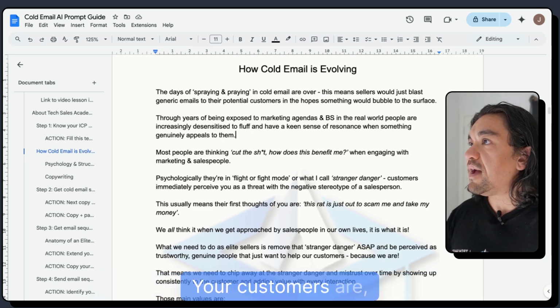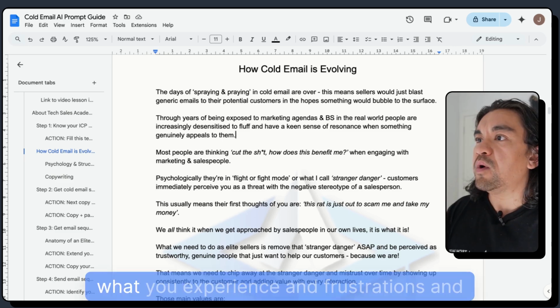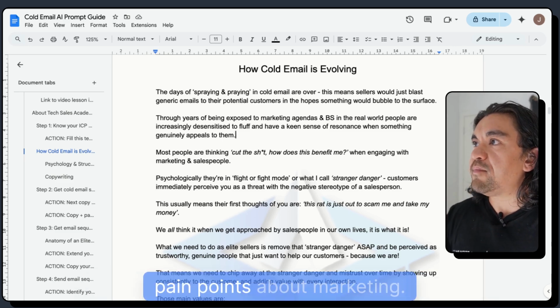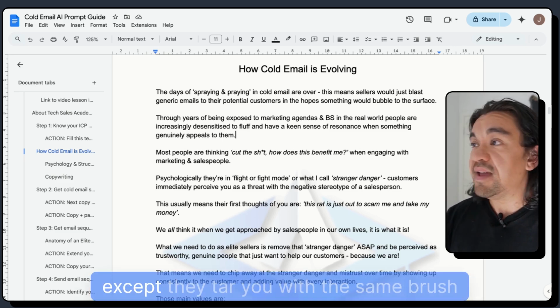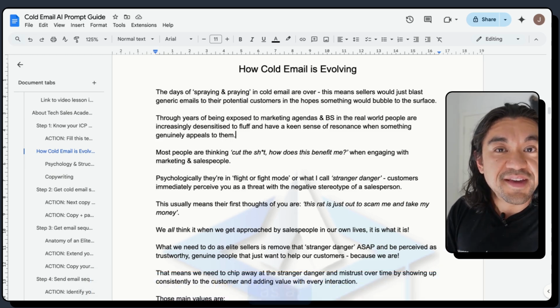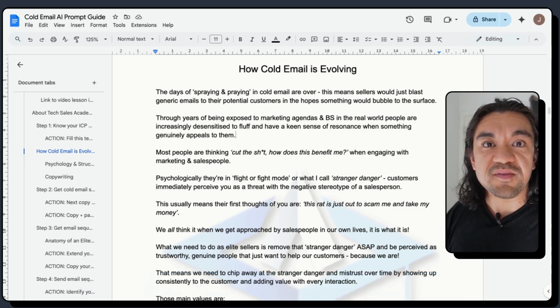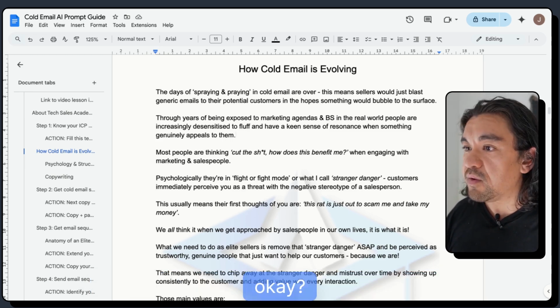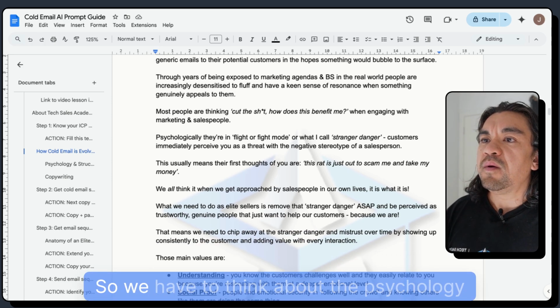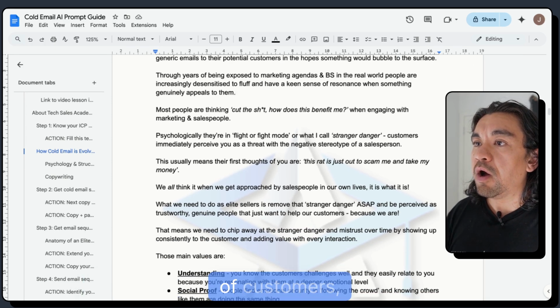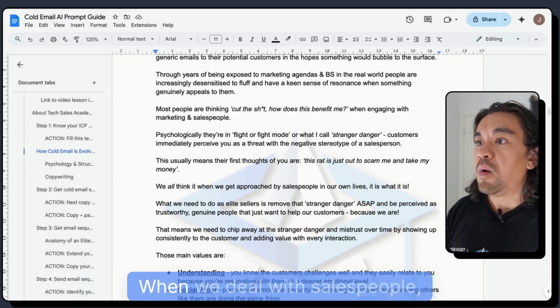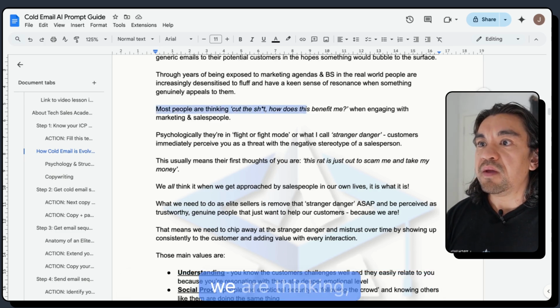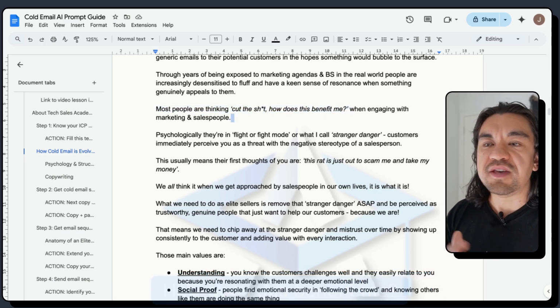Your customers are people too. What you experience as frustrations and pain points about marketing, they do the same, except they tar you with the same brush as a stereotypical salesperson, because we are salespeople, okay? So we have to think about the psychology of customers. When we deal with salespeople, we are thinking, cut this shit, how does this benefit me?